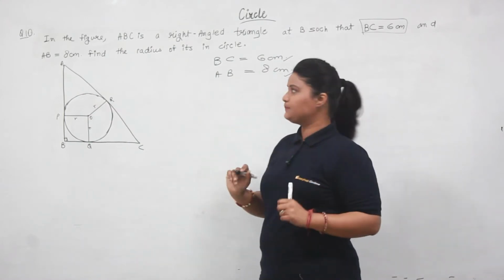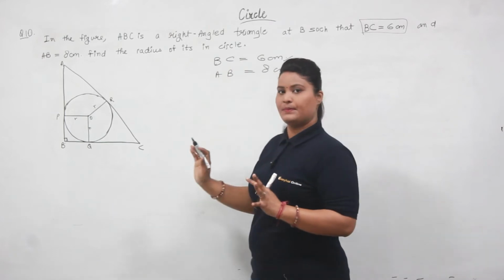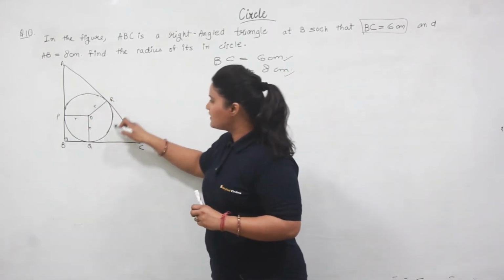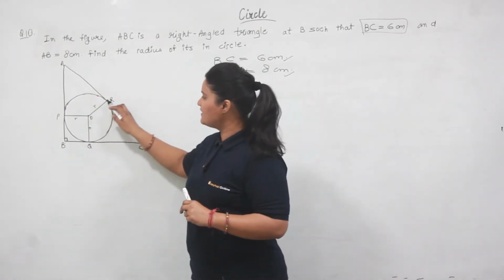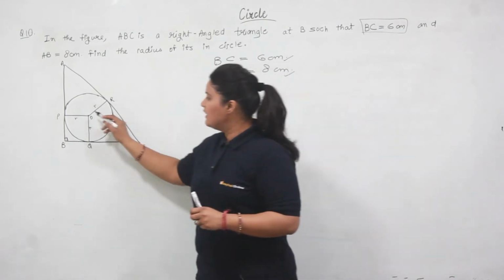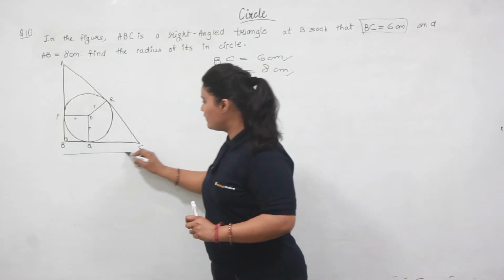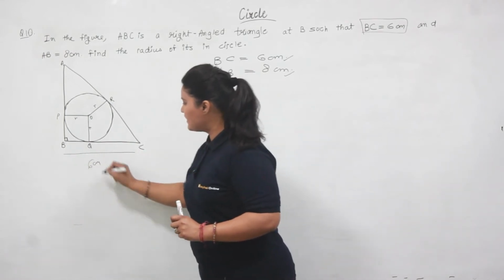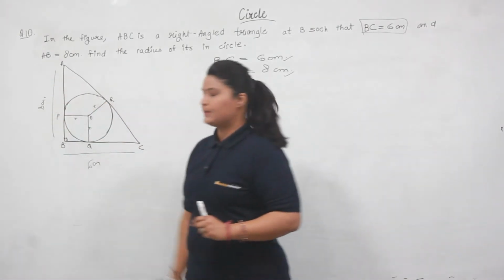Clear? Find the radius of its incircle. You can see that there is a circle with center O and having radius R. We have to find the radius R when we are given the length of the base, which is 6, and the length of the perpendicular, which is 8.